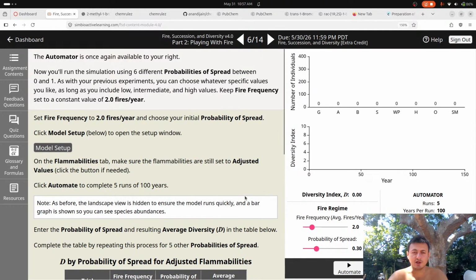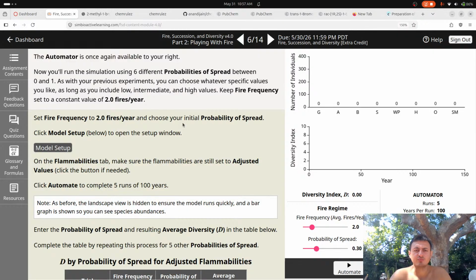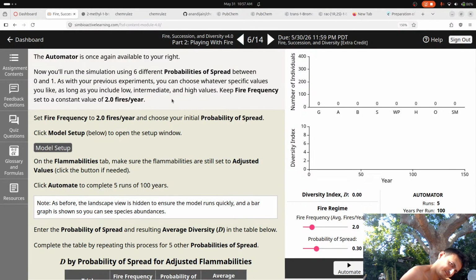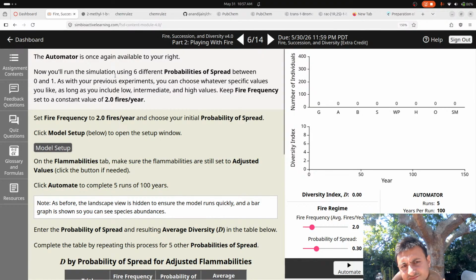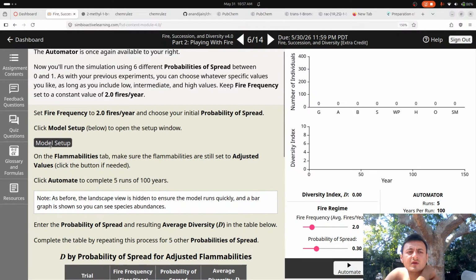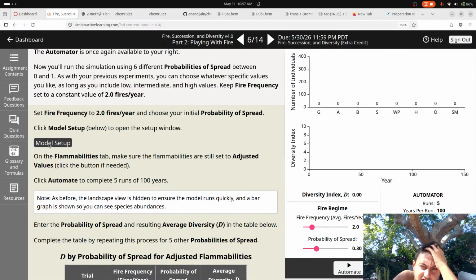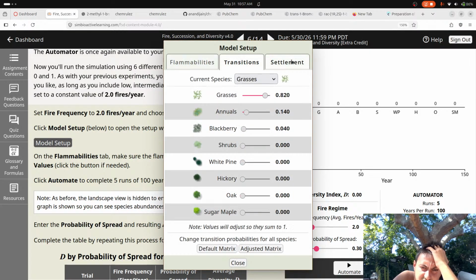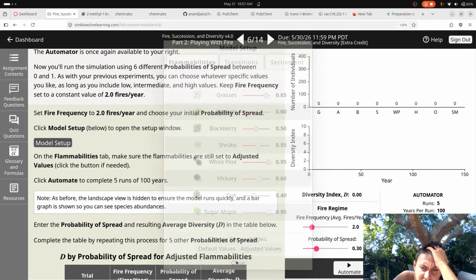Oh, yes, the automator. You'll now run the simulation using 6 different probabilities of spread. Okay. Set fire frequency to 2 fires a year and choose your initial probability of spread. Okay.